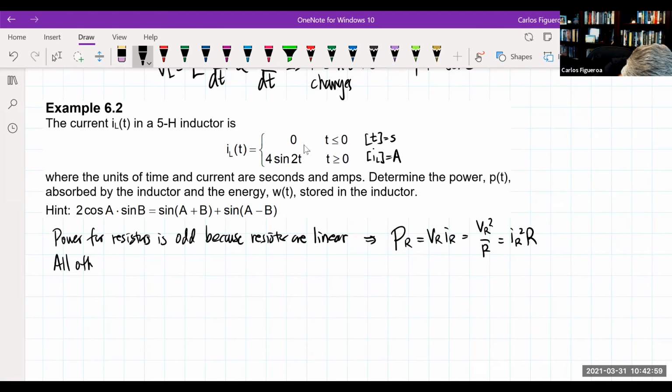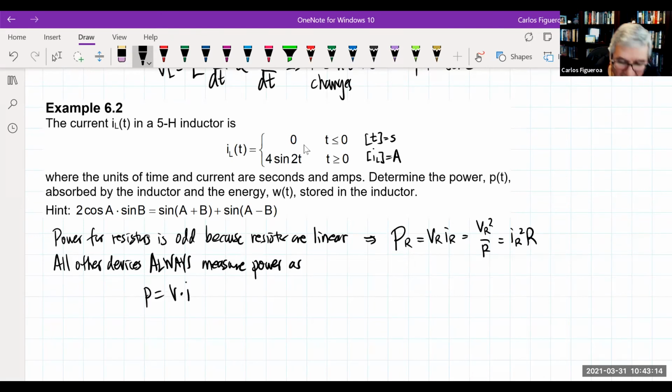All other devices always measure power as V times I, always. If I want to calculate the power of a source, as we already know, it's like this.